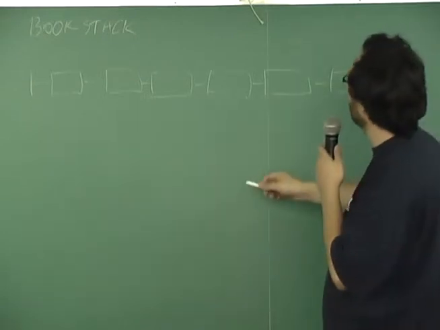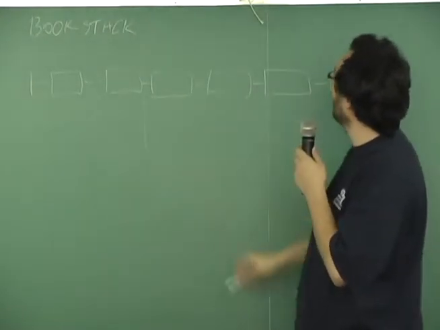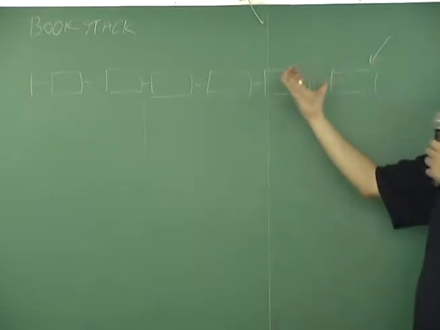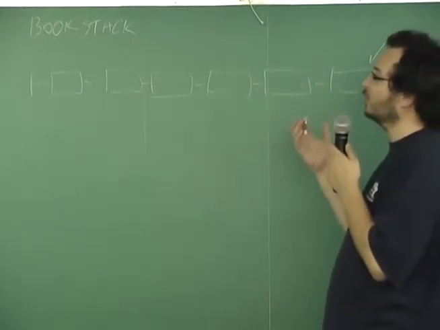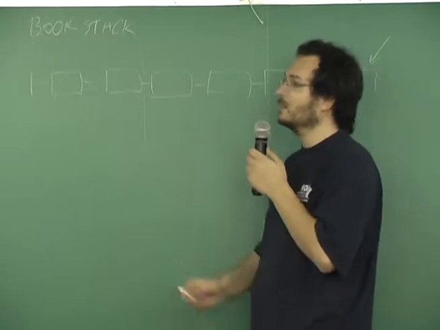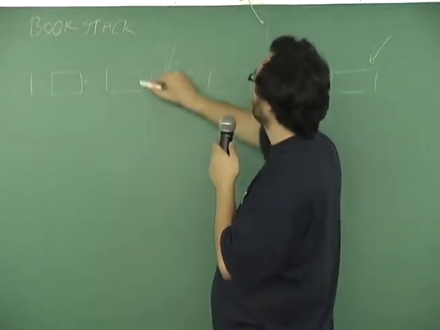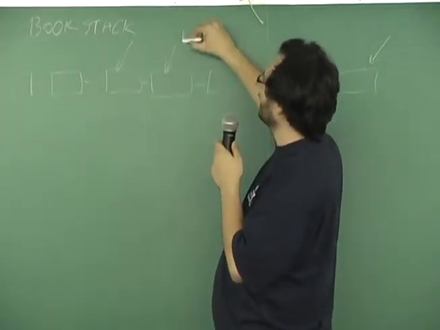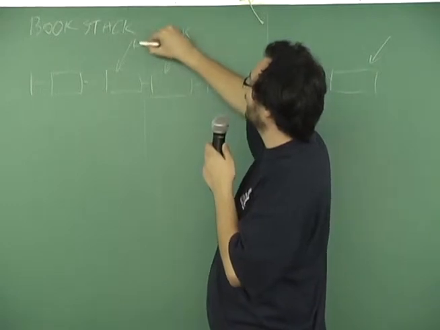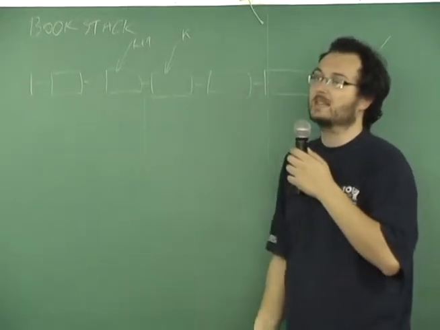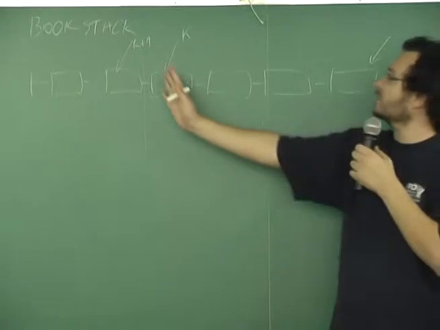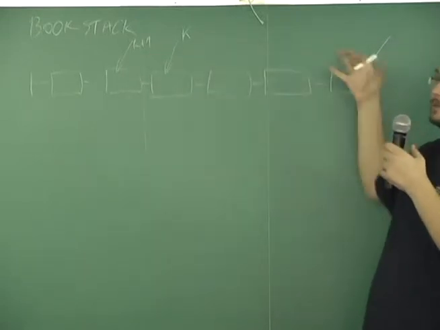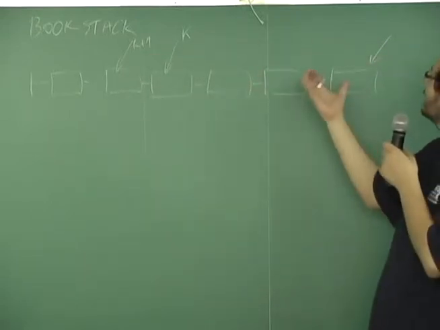And also, we need to be able to flip the top k books. So in order to do this efficiently, we will store 2 pointers to the books that are currently at depth k and depth k+1. So this is the place where we will insert the robotic arm and we will flip this part.